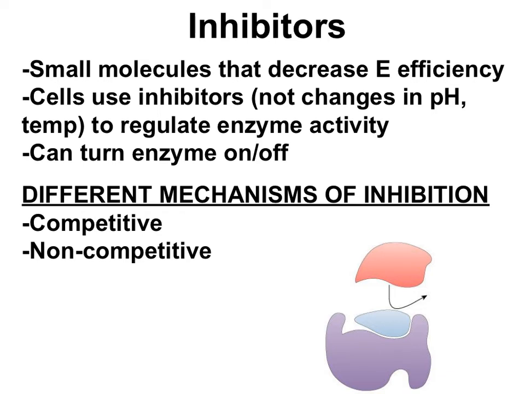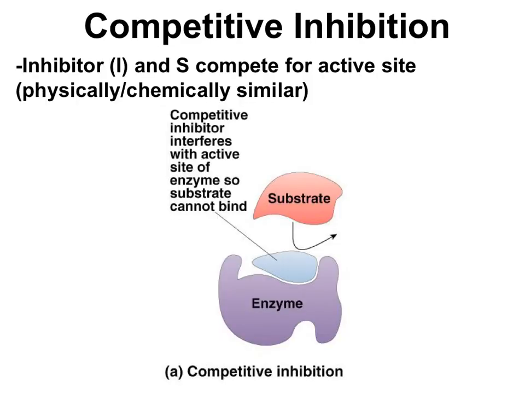Now, we're going to classify inhibitors as either competitive or non-competitive based on their mechanisms of action. So let's jump right into the difference between how those two work. A competitive inhibitor gets its name because it competes with the substrate for binding to the active site of an enzyme.